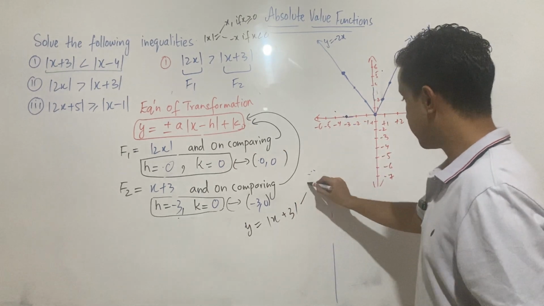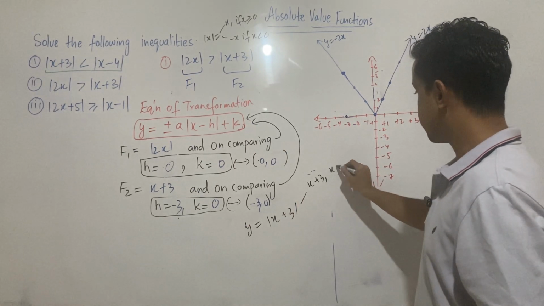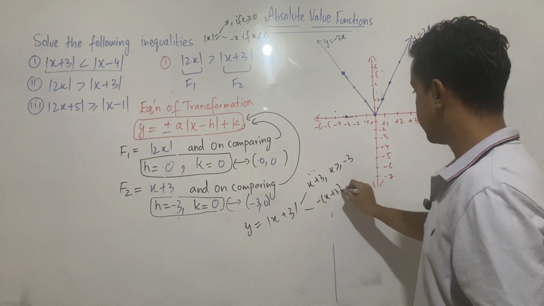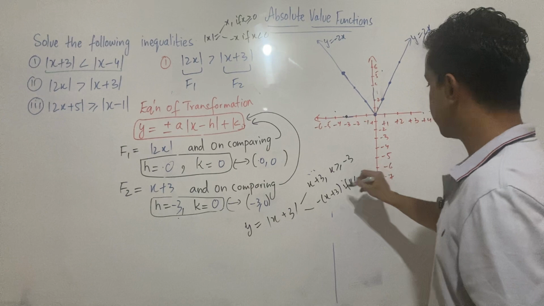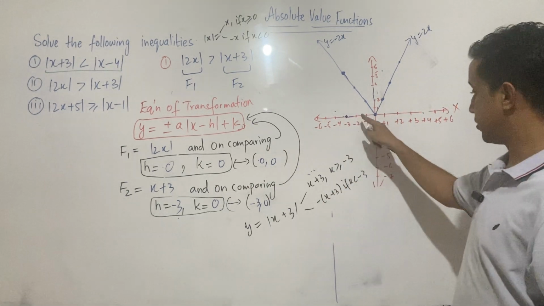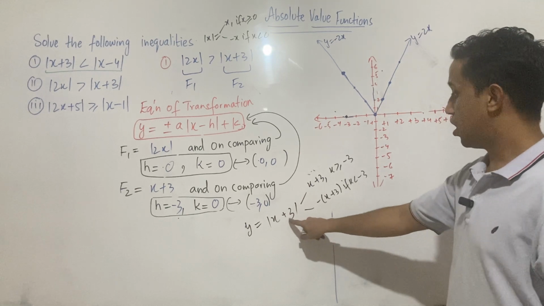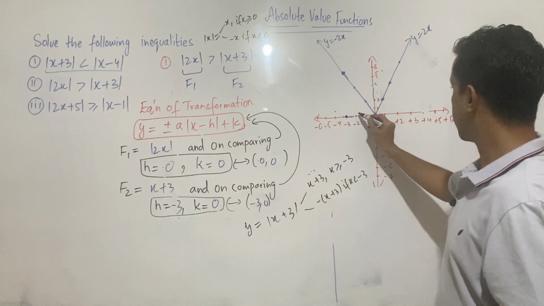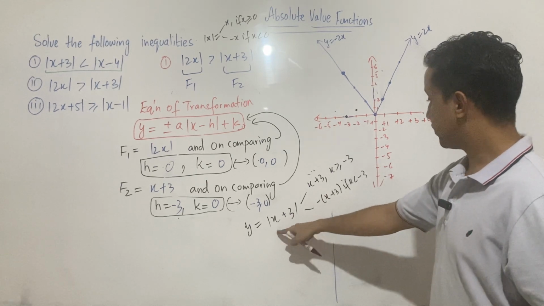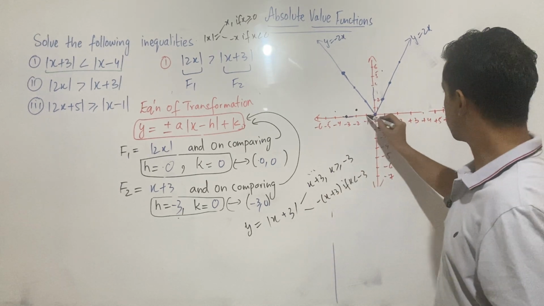It is x plus 3 if x is greater than minus 3, and minus of x plus 3 if x is less than minus 3. So for x minus 2, y is 1; for x minus 1, y is going to be 2.